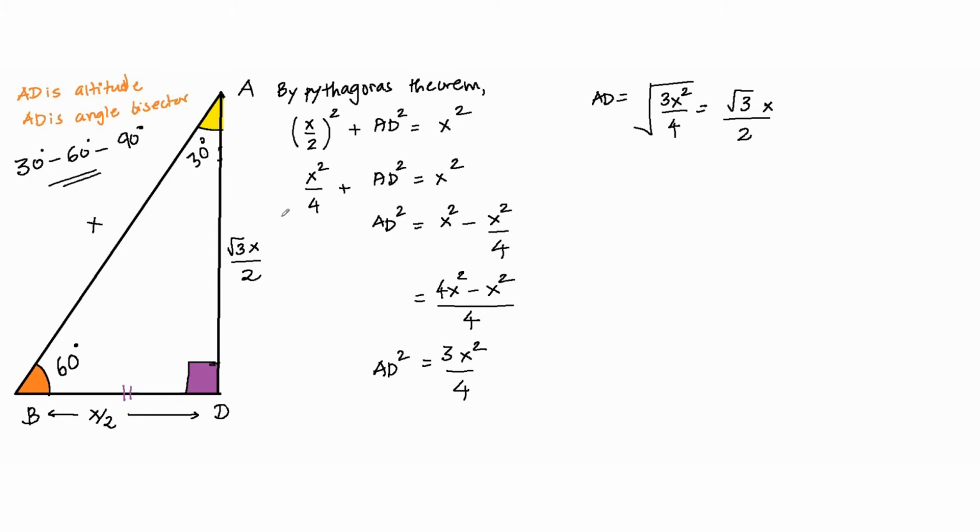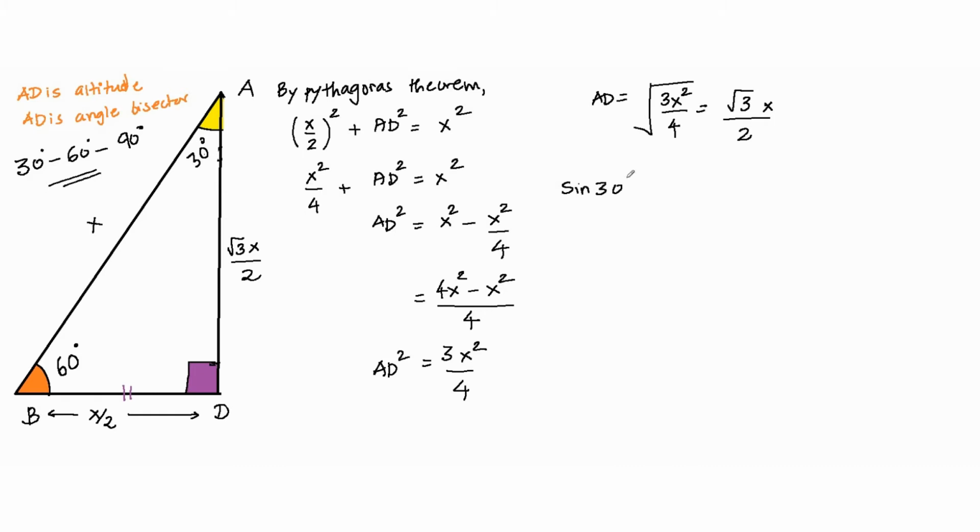And now we should be able to find the trigonometric ratios of 30 degrees as well as 60 degrees, because the lengths of the three sides are known in terms of x, correct? So let's go ahead and find the trigonometric ratios for 30 degrees first.